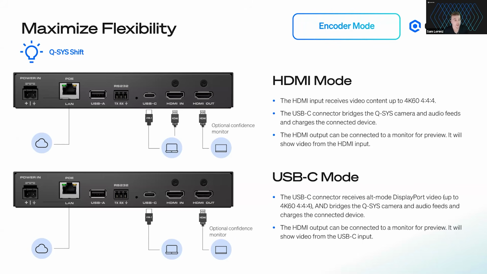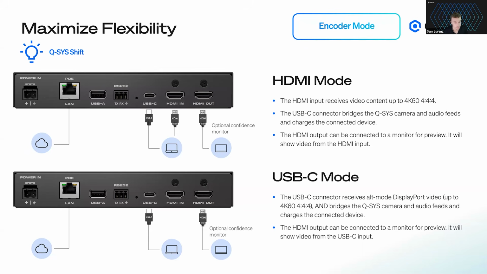Let me go back one slide here. It's not mentioned on this slide, but you are able to encode USB-C and HDMI in at the same time, and still have that local content output. Again, just as with the NV32, if you're encoding more than one stream, it automatically will go down to a 1080p video stream, and then your HDMI out for your confidence monitor will also be 1080p video to your display.